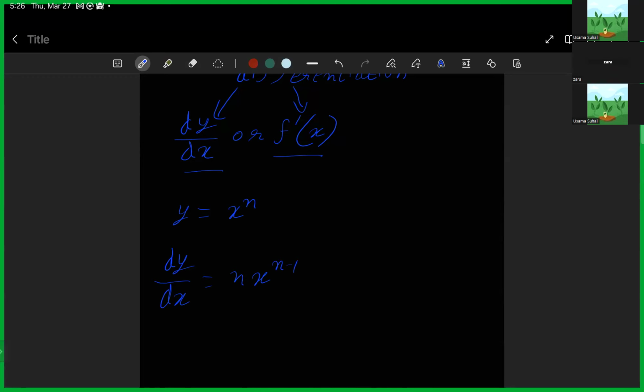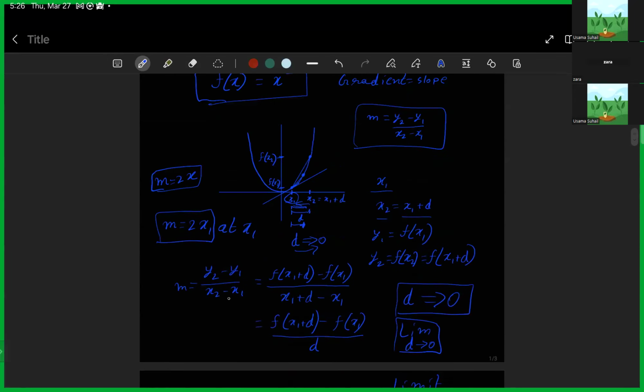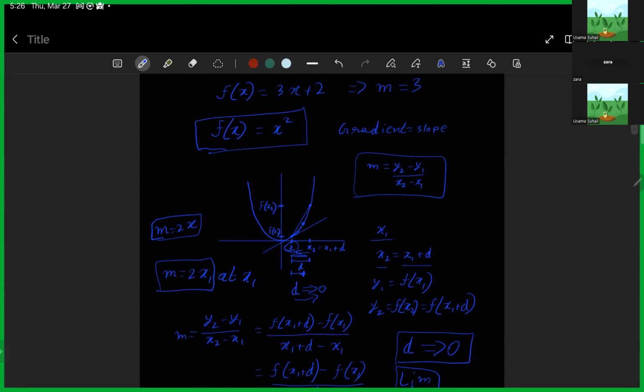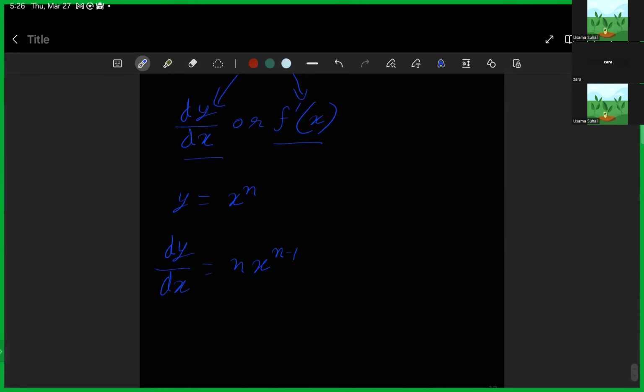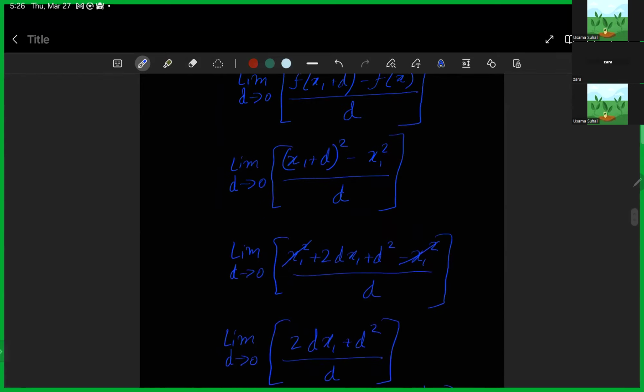So what I want you to do now is, right here, I did the differentiation for f of x equals x square. This is the whole process for f of x equals x square. What I want you to do now is differentiation for f of x equals x cubed, using this whole process that I have used.